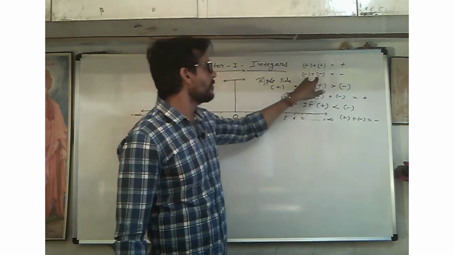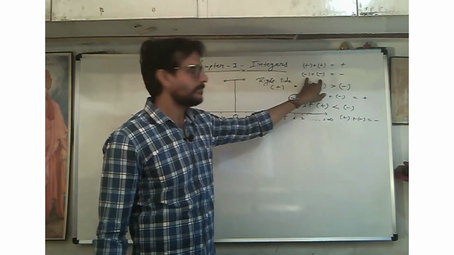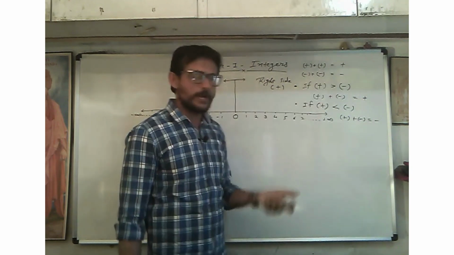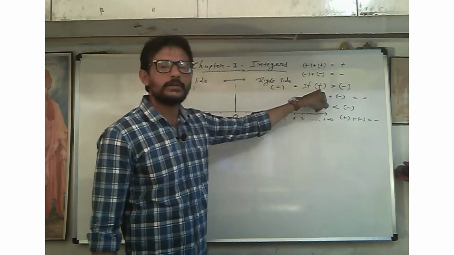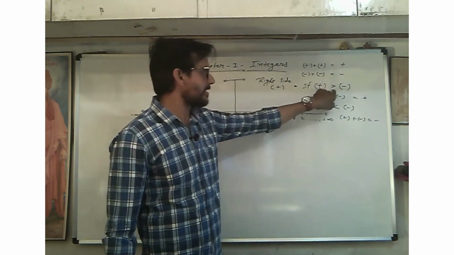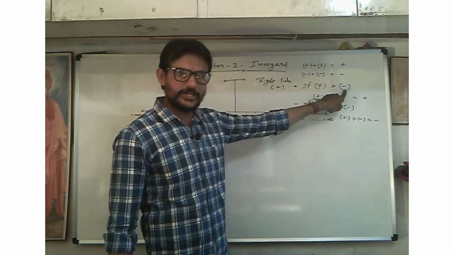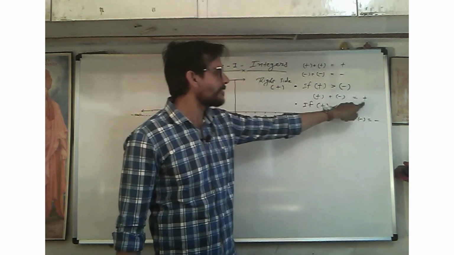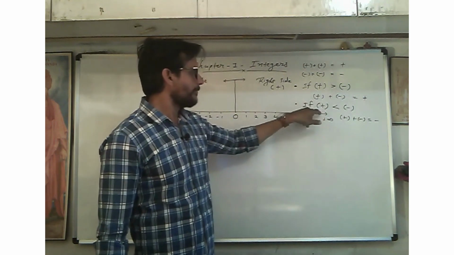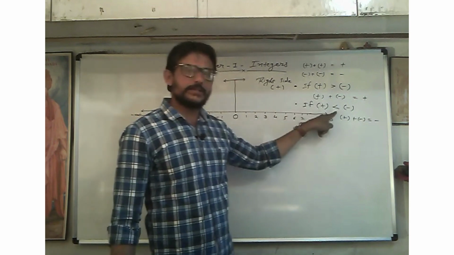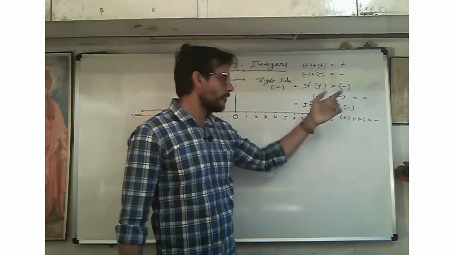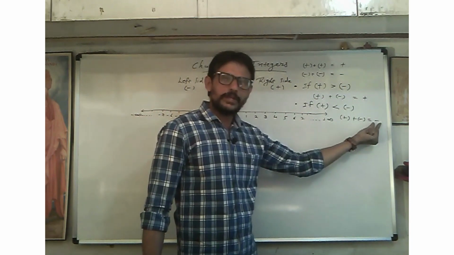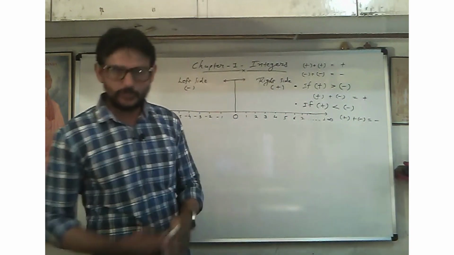When you add negative integers, you will get a negative integer. And now, if the positive integer is greater than the negative integer, in this case, when you add these two integers, you will get a positive integer. If the positive integer is less than the negative integer, you will get a negative integer. Okay, so please note this.